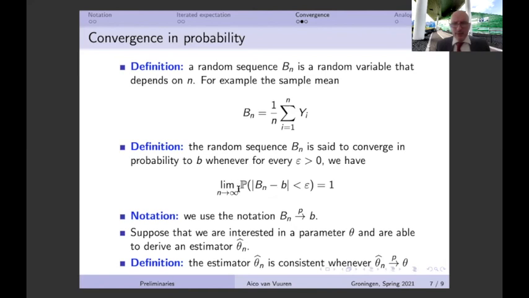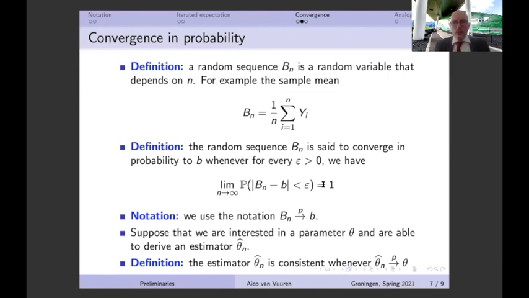That's exactly why we have here the probability of the difference Bn minus B. Even though we do not know what Bn minus B is, what we want is that the probability that the difference is smaller than any epsilon, if n converges towards infinity, goes to 1.